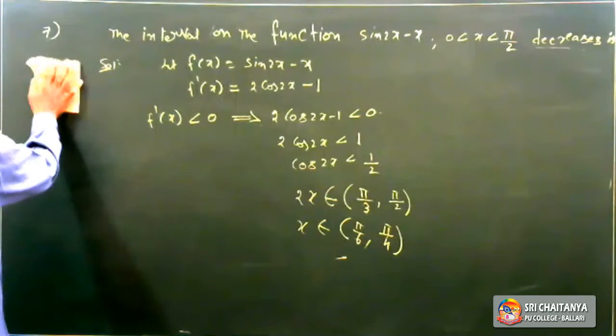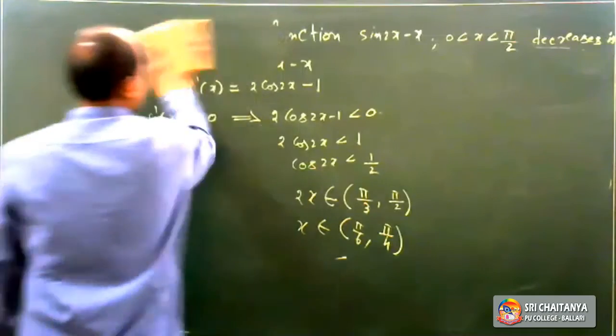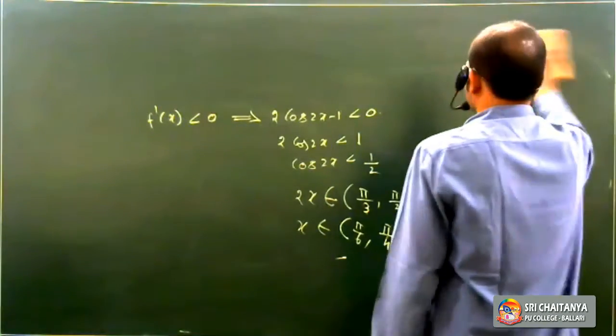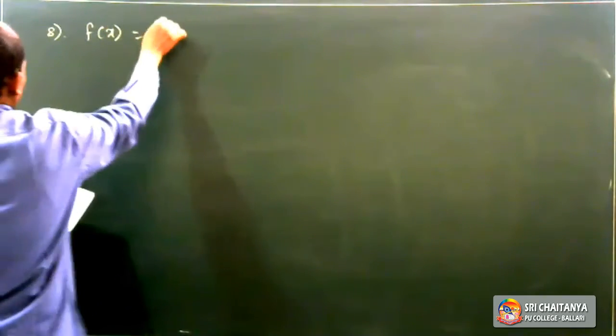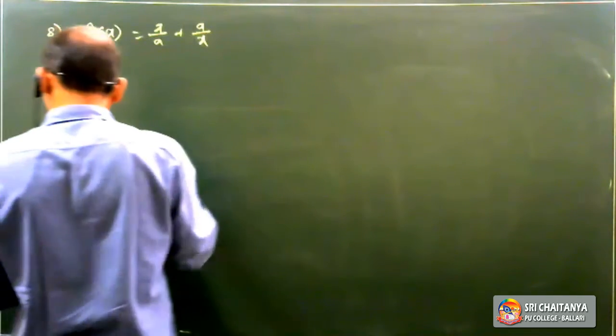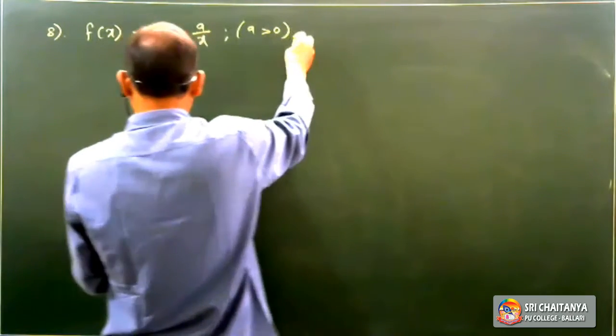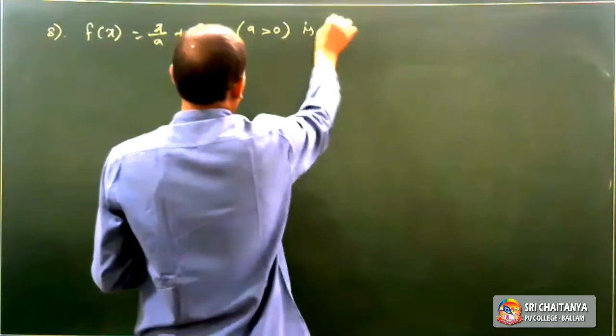Okay, next, the 8th question. f of x is equal to x by a plus a by x, a is greater than 0.